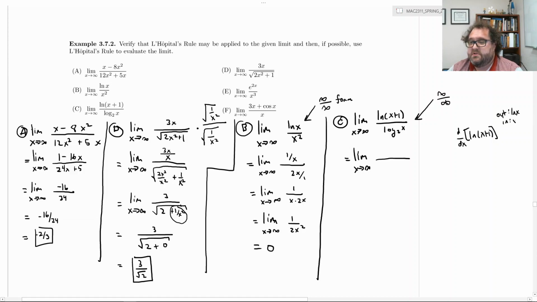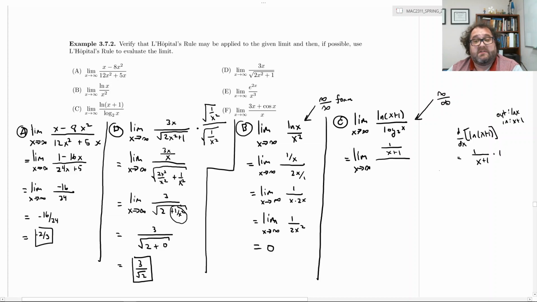The inside function is x plus 1. Chain rule says you take the derivative of the outside function, you get 1 over x. But you evaluate it at the inside function, so x plus 1. Then multiply by the derivative of the inside function, and the derivative of x plus 1 is 1. So there's our derivative, times 1, but you can just leave it as 1 over x plus 1. So that's the derivative of the numerator.